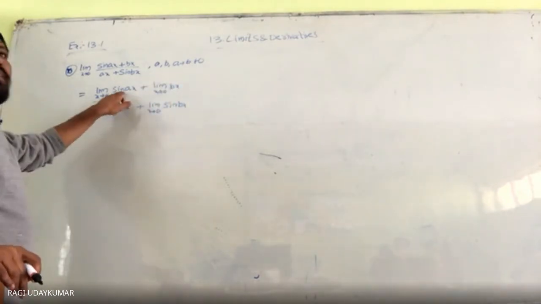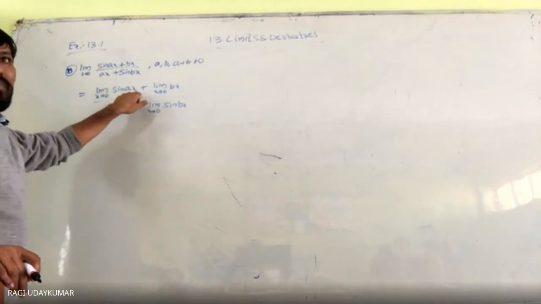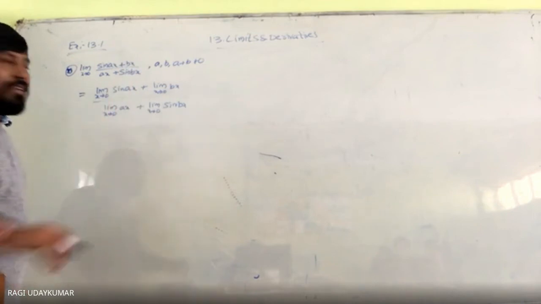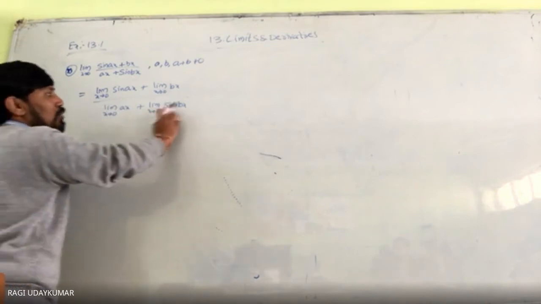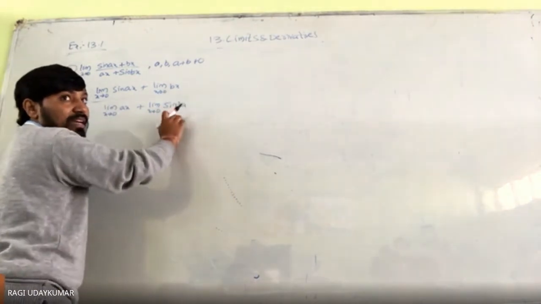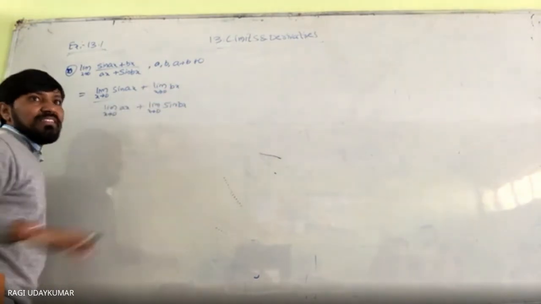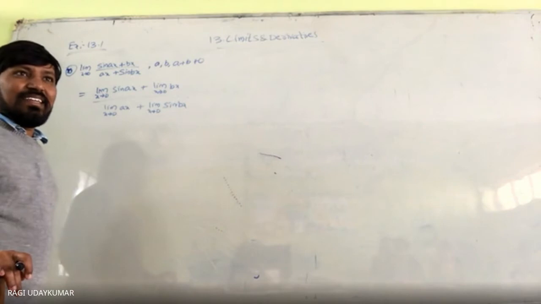To do this, ax should be in the denominator: multiply and divide by ax, in the numerator ax. Here this becomes 0. Here multiply and divide by bx in the denominator, and the x will get cancelled. The final answer is a by b. Did you understand?